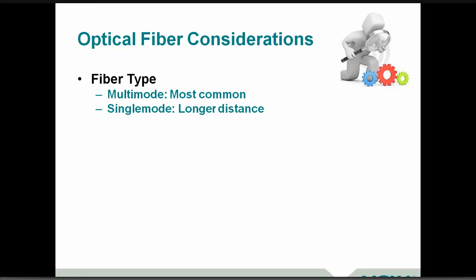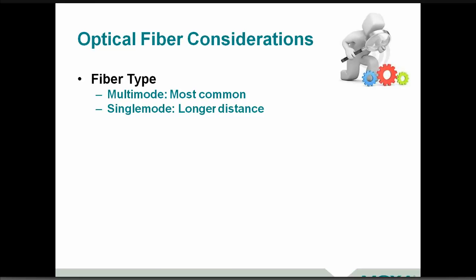We find this within the plant type of applications, and it's generally the most inexpensive. Multi-mode also means that we can utilize inexpensive LED light sources and photodetectors at the other end. That means the technology designed into the product is very inexpensive and very easy to deploy.